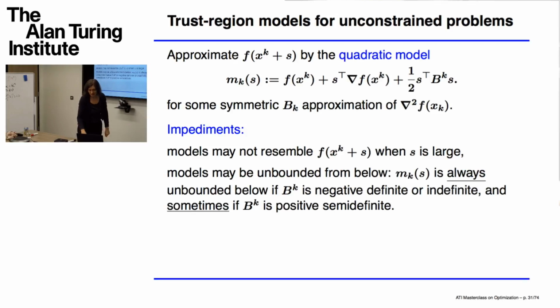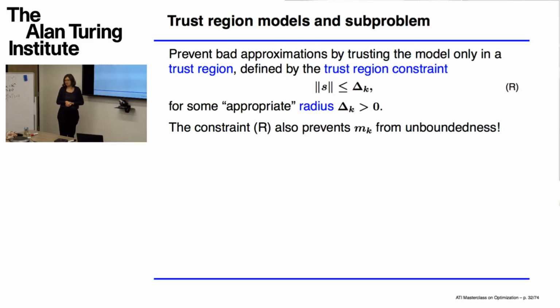So what trust region methods do, they say the following. This is a local model of my function. Even think of it with Taylor in mind, right? I have a second order Taylor approximation of my function. This approximation of f is not going to be accurate unless I'm sufficiently close to the point where I'm constructing the approximation, here x_k. So indeed, I should only trust this approximation in a region Delta_k.